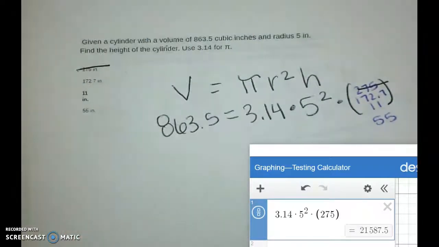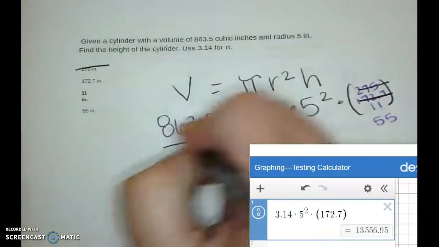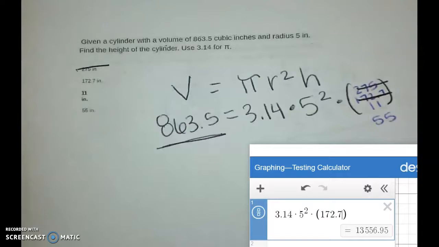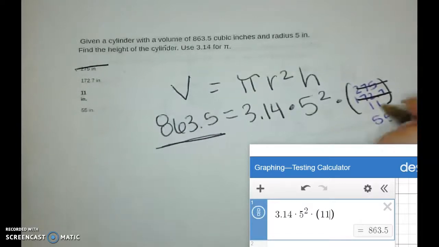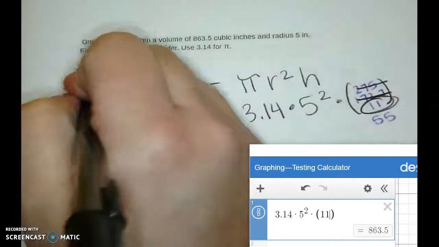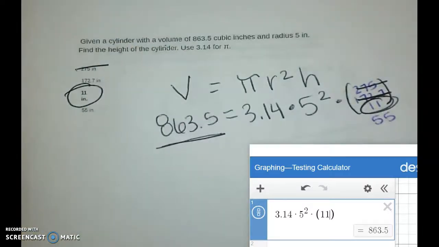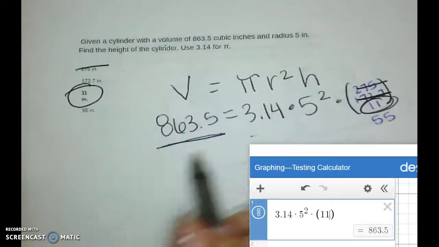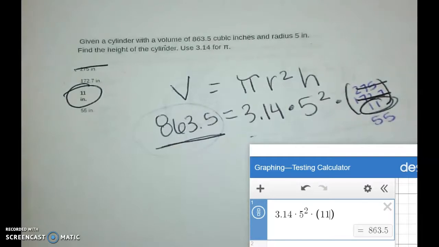Let's try 172.7. Nope, still not right. It does not equal this 863.5, right? So now let's try 11. There we go. 11's the correct answer. All right, so you're just testing values in this side to see if you get what the volume equals, okay?